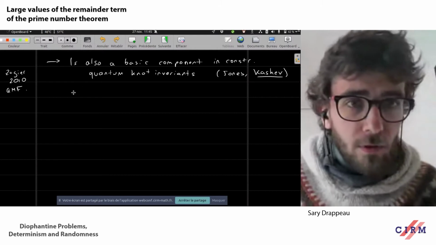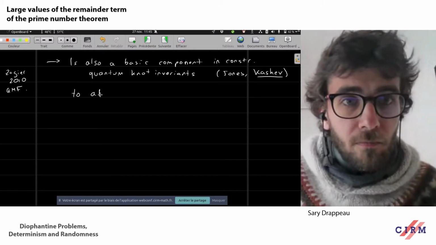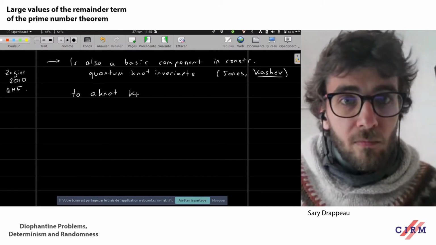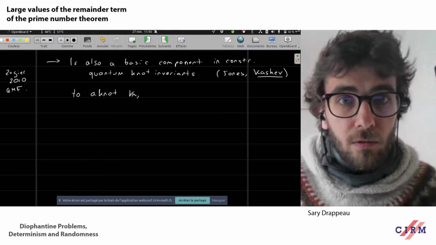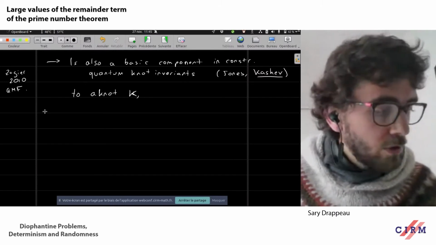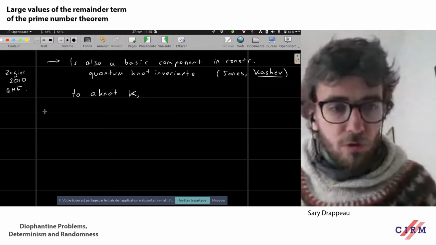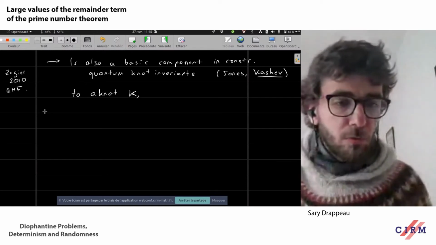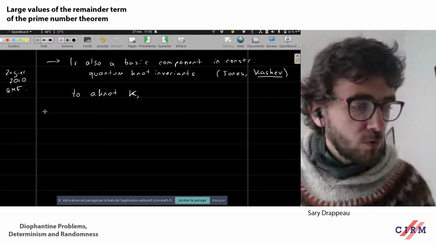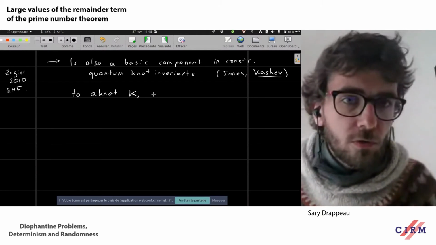And to a knot K, when you draw it, when you look at the diagram and the crossings and which part of the knot goes onto another, and you look at some combinatorics, from this you can construct some invariant.